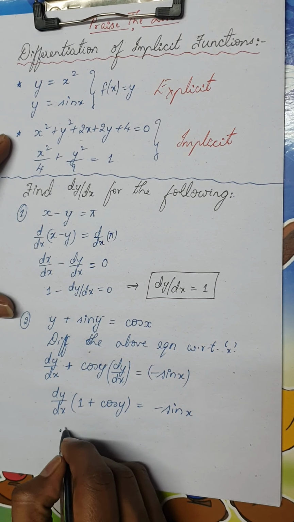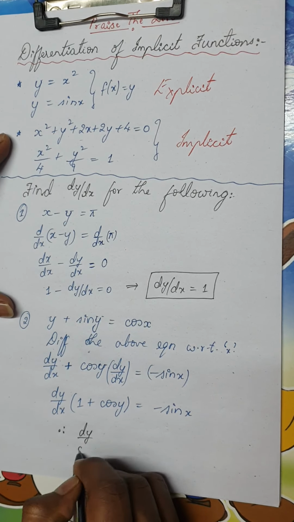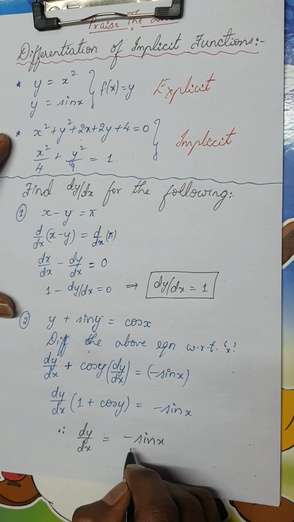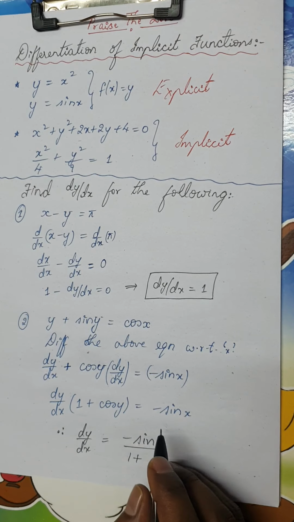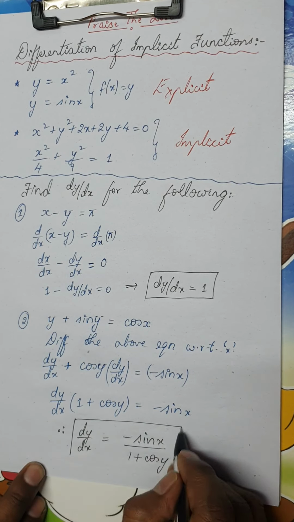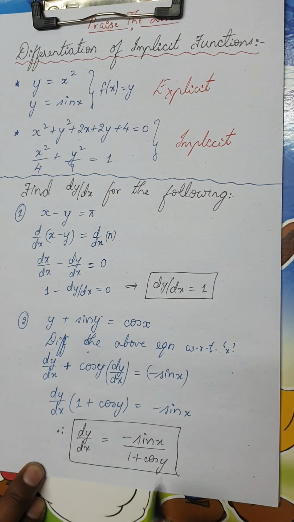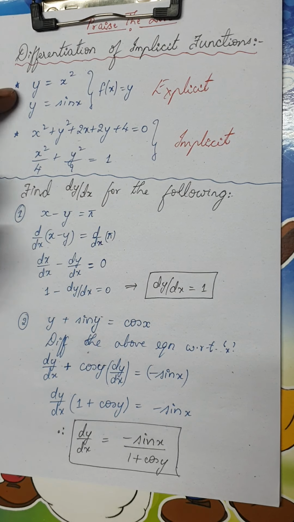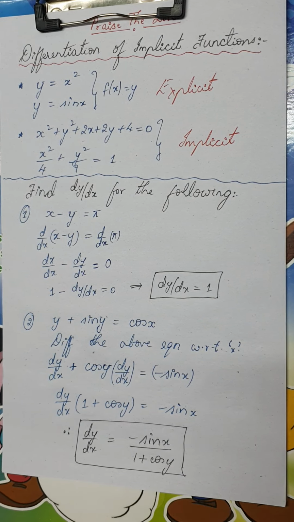If you divide, I'll get the answer: dy by dx is minus sin x divided by 1 plus cos y. Very simple, isn't it? If you know the basic formulas of differentiation, differentiation of implicit functions is very simple. Shall we move to the next one?